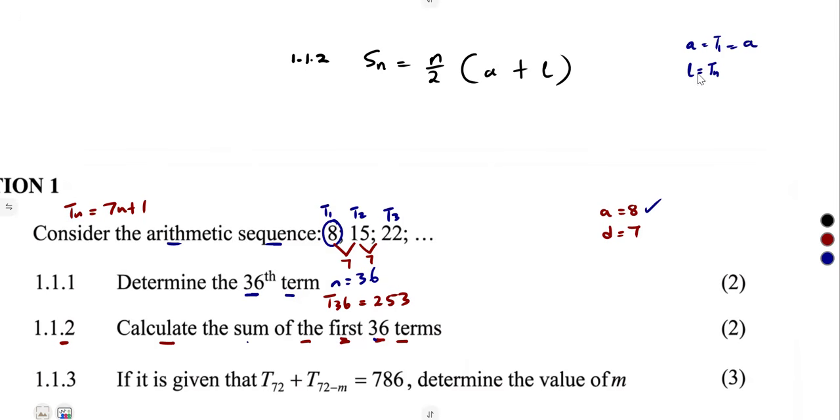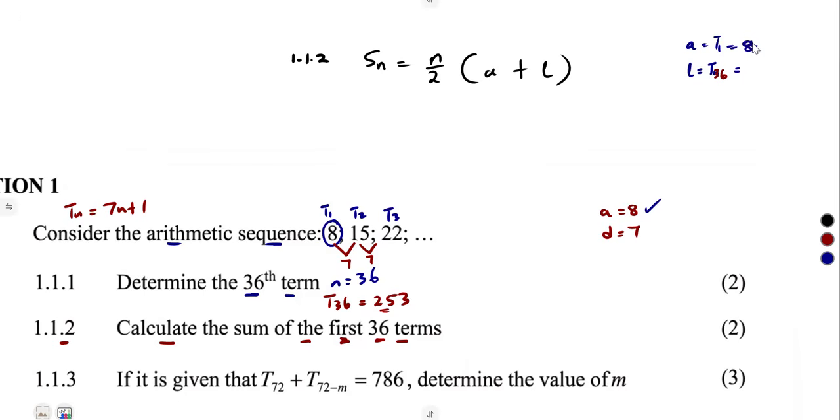So our l representing our Tn is not just the Tn, but it is according to what we are given, because the last term must be at n, which is 36. So that's T36, which is 253. So this will be T36, which is 253. So we have that one.